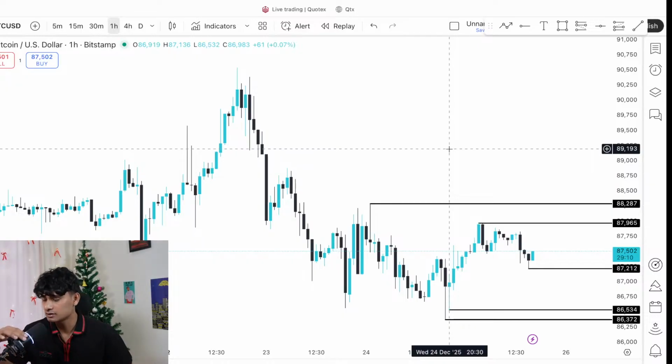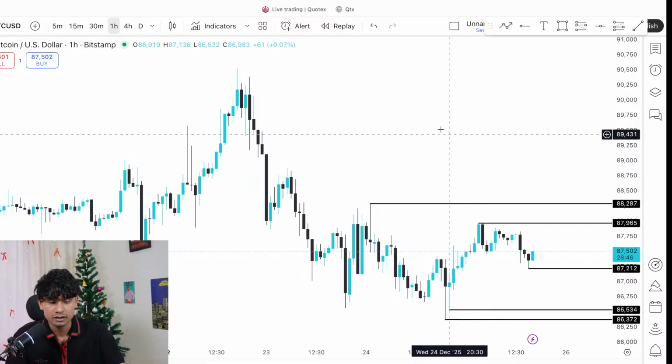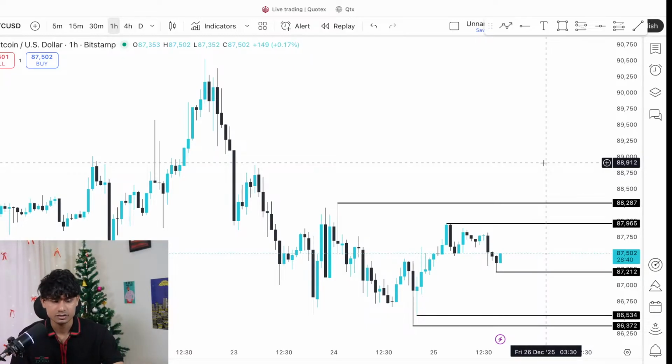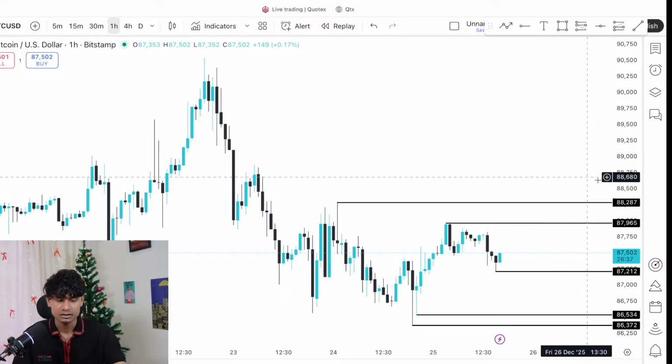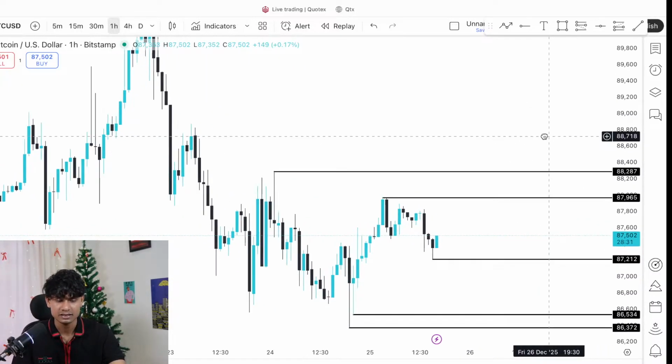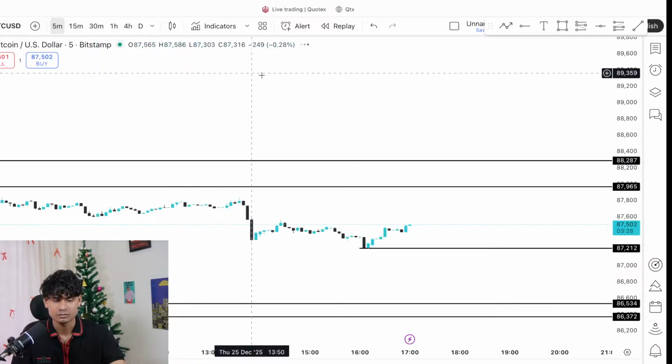On the 1-hour time frame, the market was pretty much bearish at this point. You cannot see a clear bearish zone, but I have marked the swing highs and swing lows, and we'll analyze it more on the 5-minute time frame.